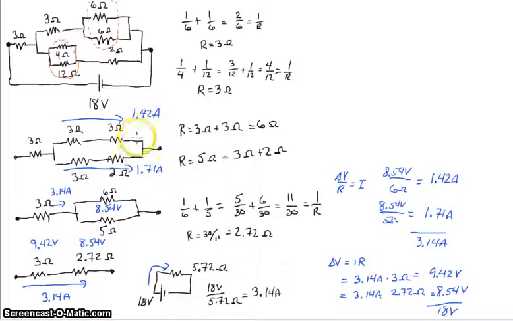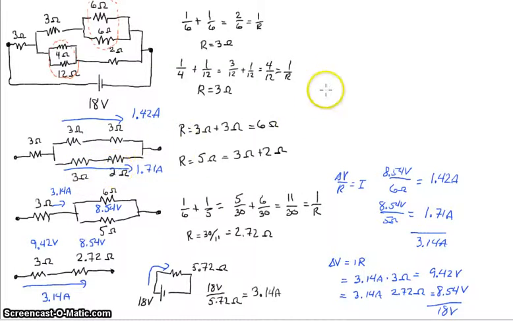We know that across both the top and the bottom there are 8.54 volts, which means that the two voltages across the 3s should add up to equal 8.54, and the voltages across the 3 and the 2 should add up to equal 8.54.